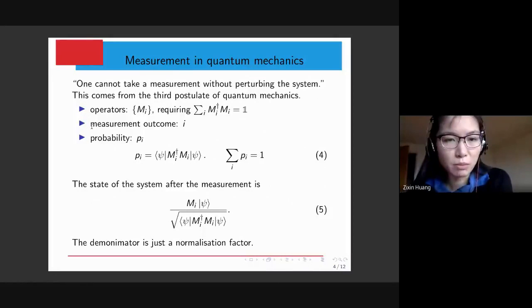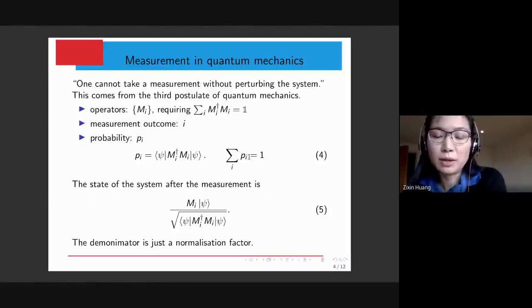Each possible measurement outcome, we label using i, and this will occur with probability p(i) given by the overlap of m_i dagger m_i with psi. And we require that the probabilities sum to 1.